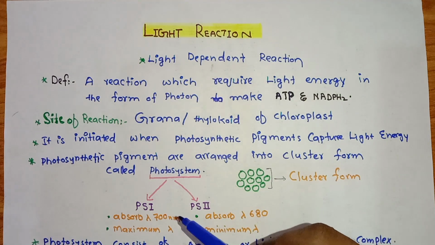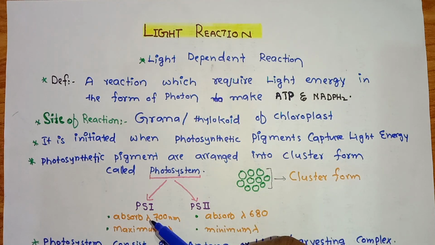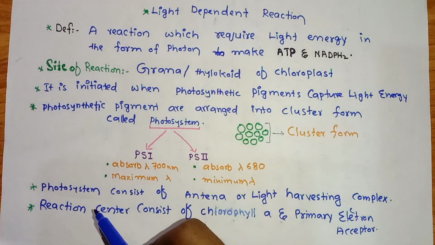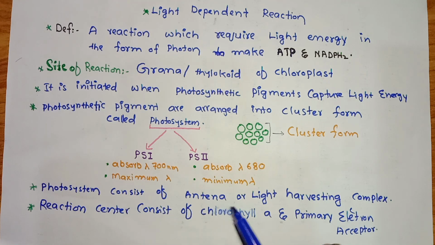Now, photosystems are of two types: PS1 and PS2. PS1 absorbs a maximum of 700 nanometer wavelength, and PS2 absorbs 680 nanometer wavelength. A photosystem consists of an antenna or light harvesting complex that helps in the formation of energy.